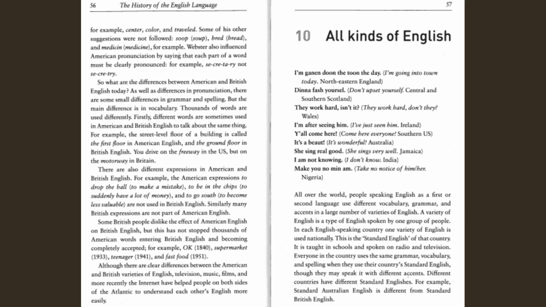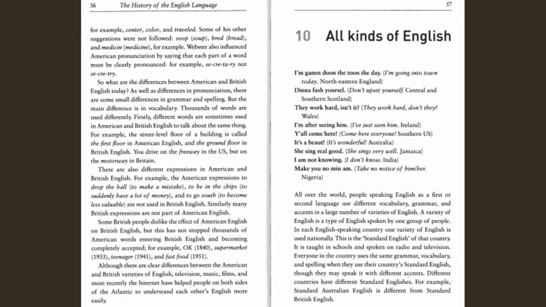I'm ganning down the town the day. I'm going into town today, northeastern England. Dinna fash yoursel. Don't upset yourself. Central and southern Scotland. They work hard, isn't it? They work hard, don't they? Wales. I'm after seeing him. I've just seen him. Ireland. Y'all come here.